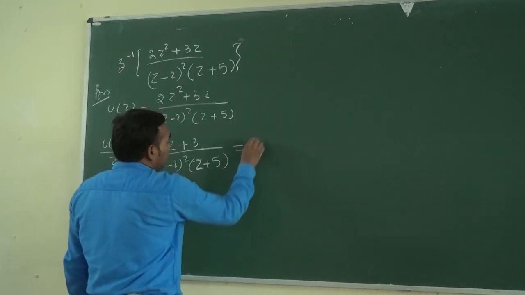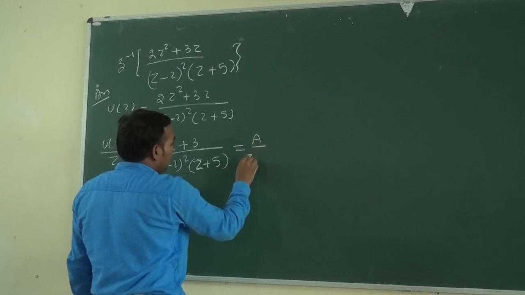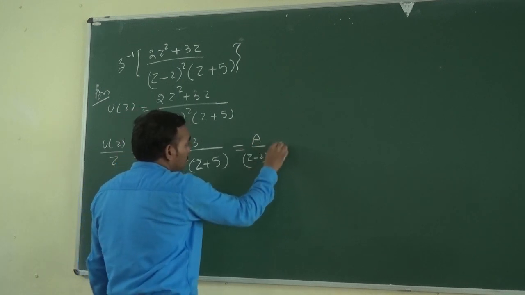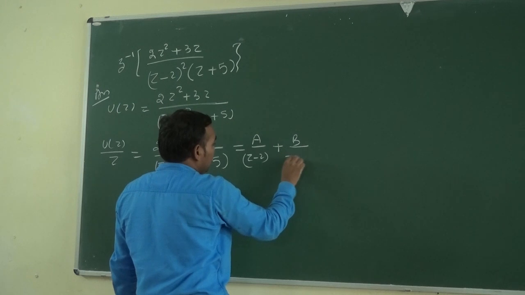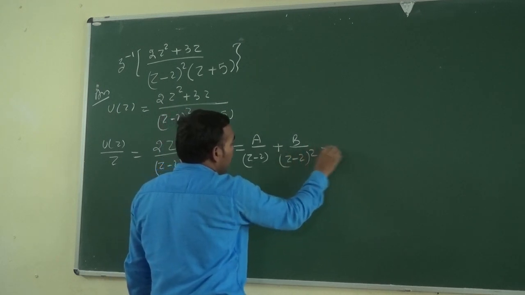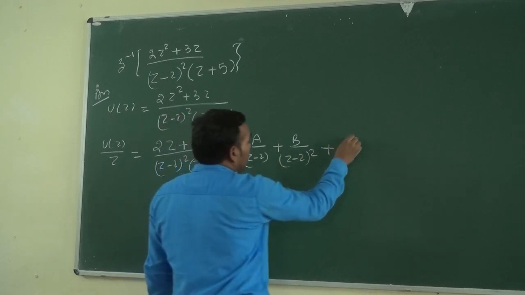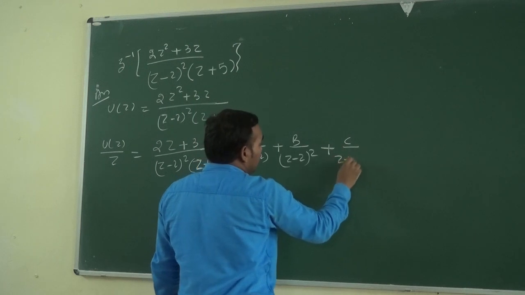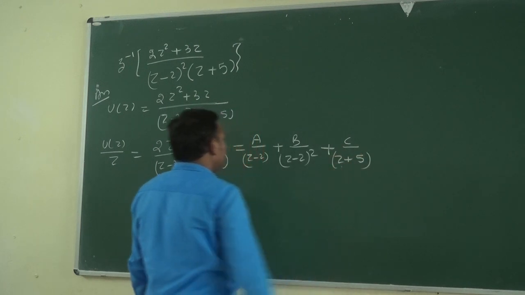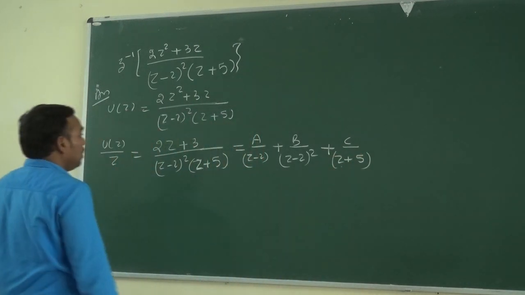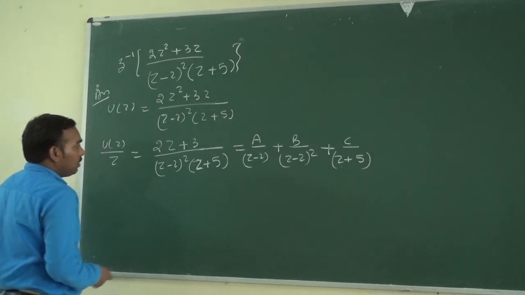So write A/(z - 2) plus B/(z - 2)^2 plus C/(z + 5). Now quickly we want to find the values of A, B and C.